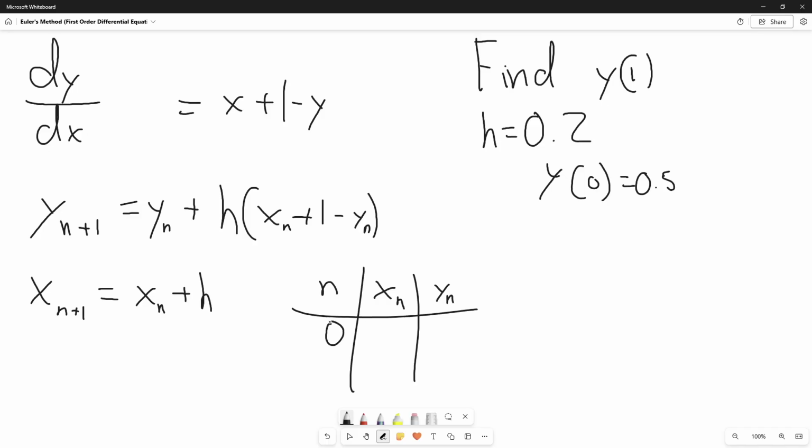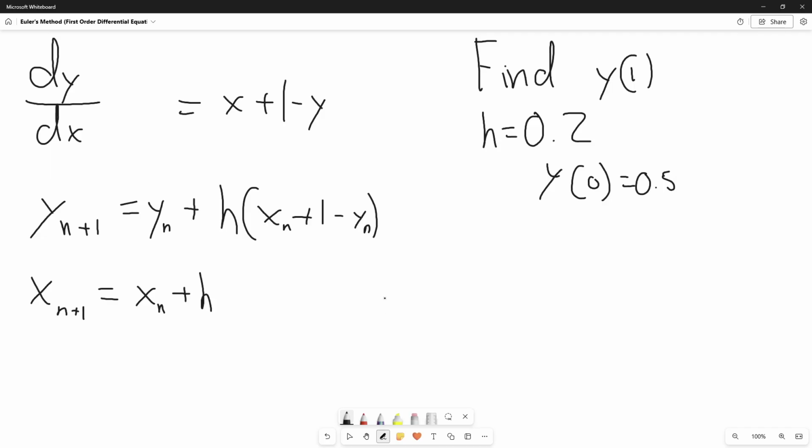You start at n equals 0, which is just at 0 is 0.5, and then you go up by 0.2 each time, which means that at the first step, your x is 0.2, and your y is whatever this is, you plug in that, and then second step, 0.4, and then you keep going until x is 1, because you're trying to find what y is at x equals 1. Now, I'm not going to do the table thing for now, but hopefully you understand how to do that.